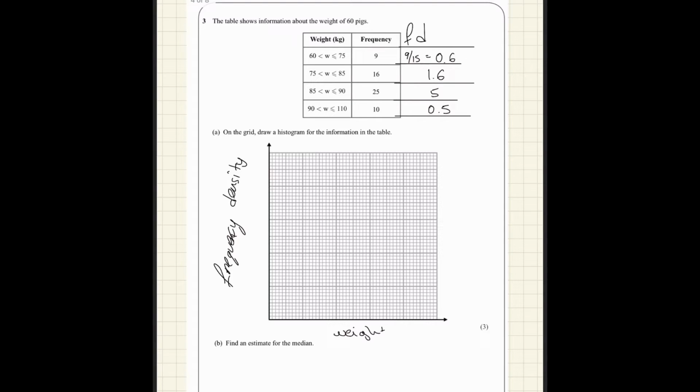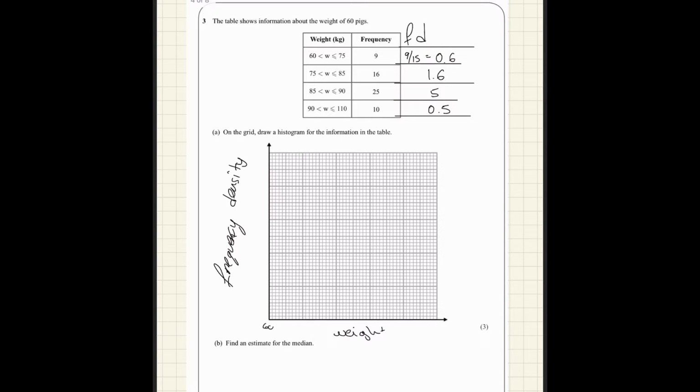So it starts at 60, so let's start at 60, 70, 80, no, it's too small, so let's go 60, 65, 70, 75, 80, 85, 90, 95, 100. I want to go to 110, don't I? So back again.